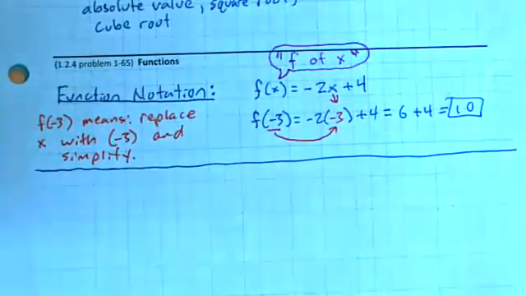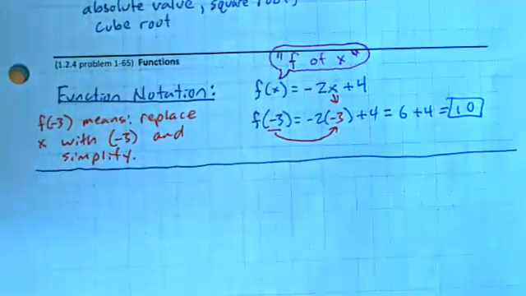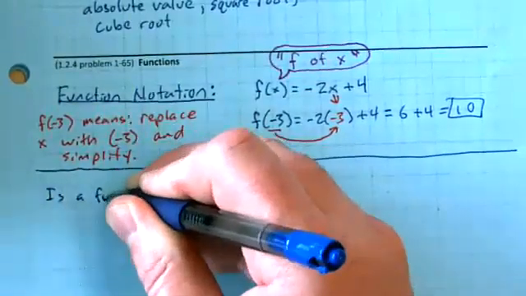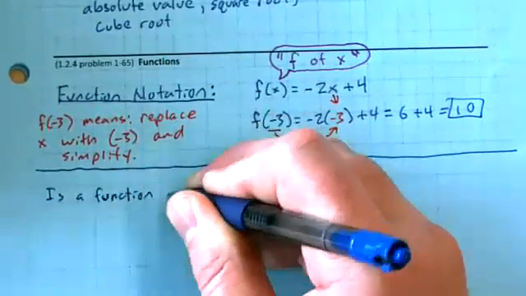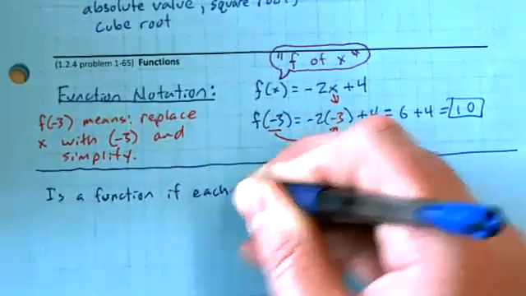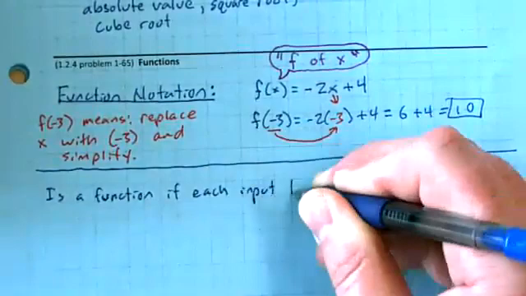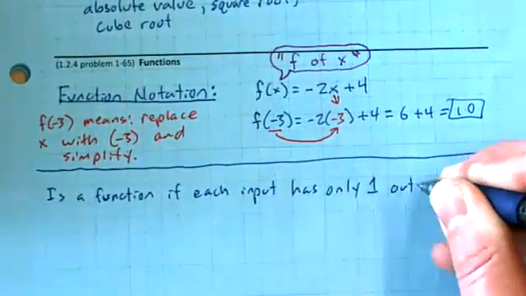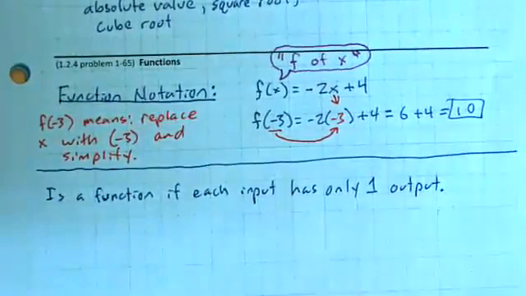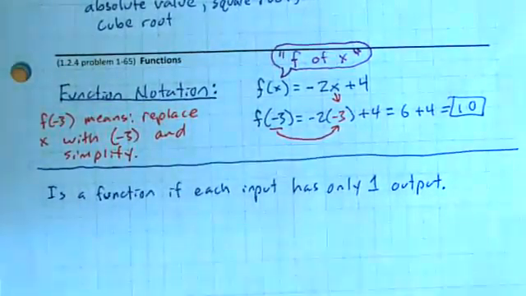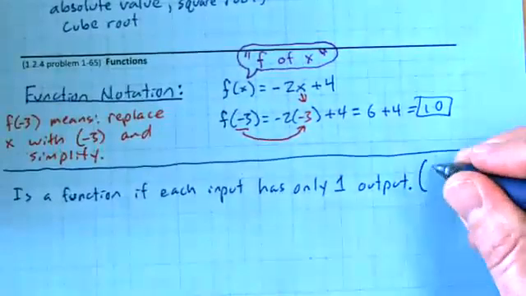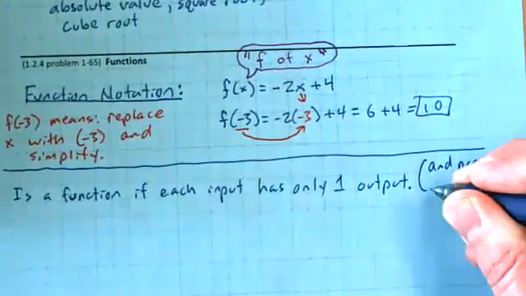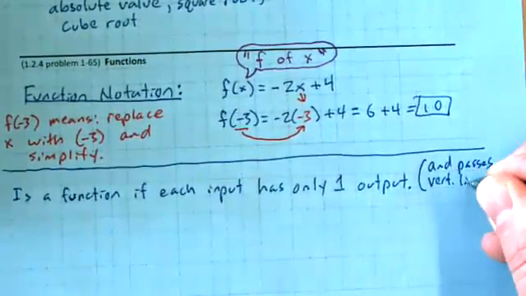So I'm going to put some definitions in here for both. Ooh, and passes vertical line test.